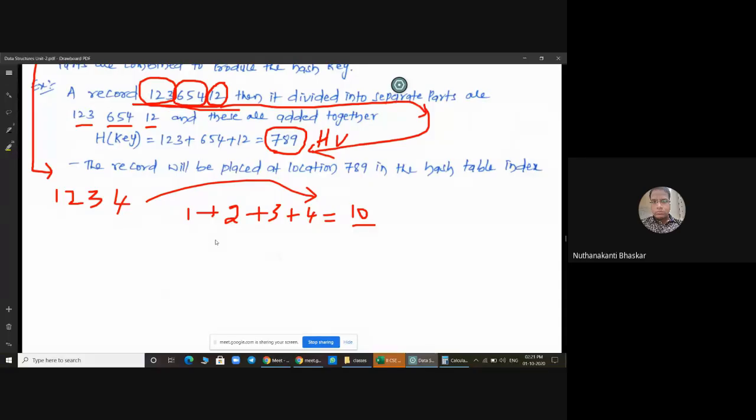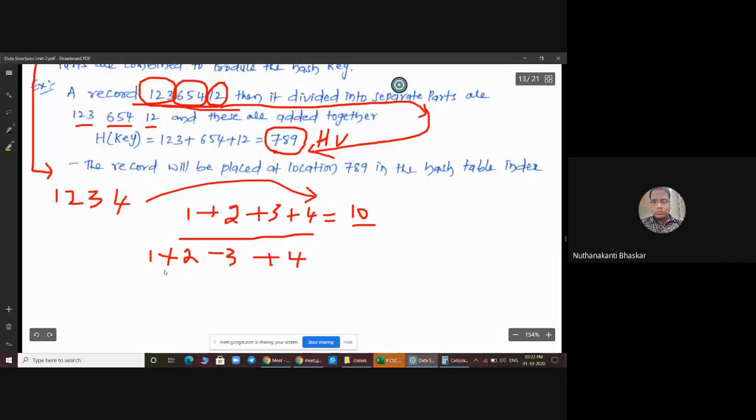One more thing I will tell you. No, sir, I don't want to use plus. I want to use another symbol. Yes, you can use first addition, next subtraction, next addition. But this plan you must implement for all the cases.